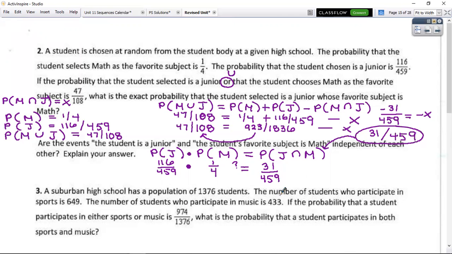You guys check them yet? 116 over 459 times 1/4 is like 0.0629. Okay, so no, right? Yep. So these are not equal to each other. So therefore you are going to conclude not independent.